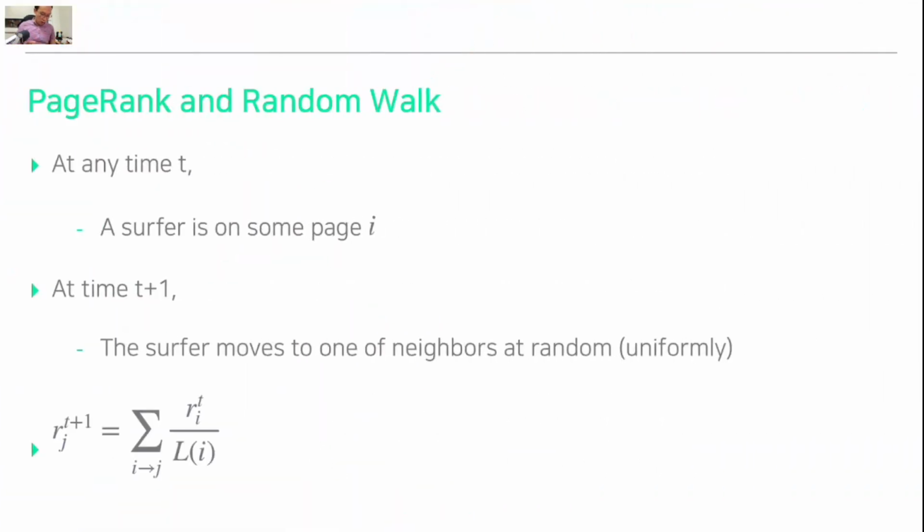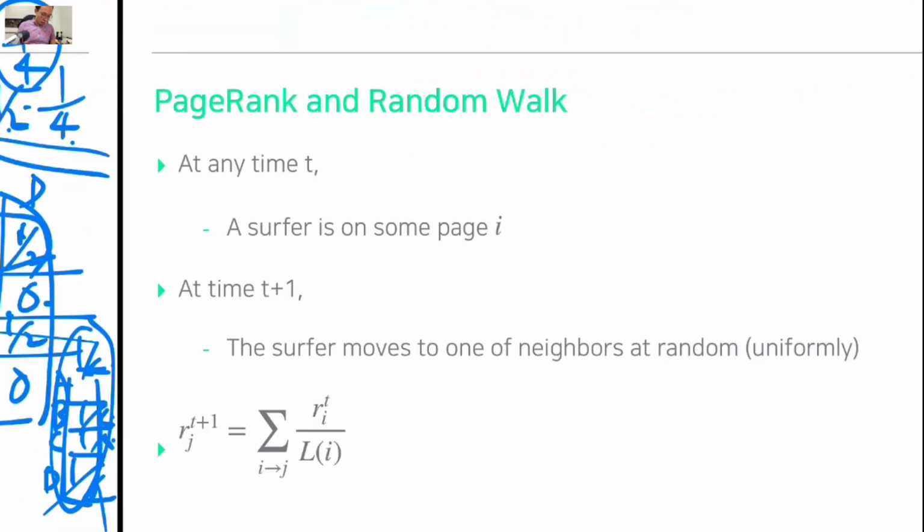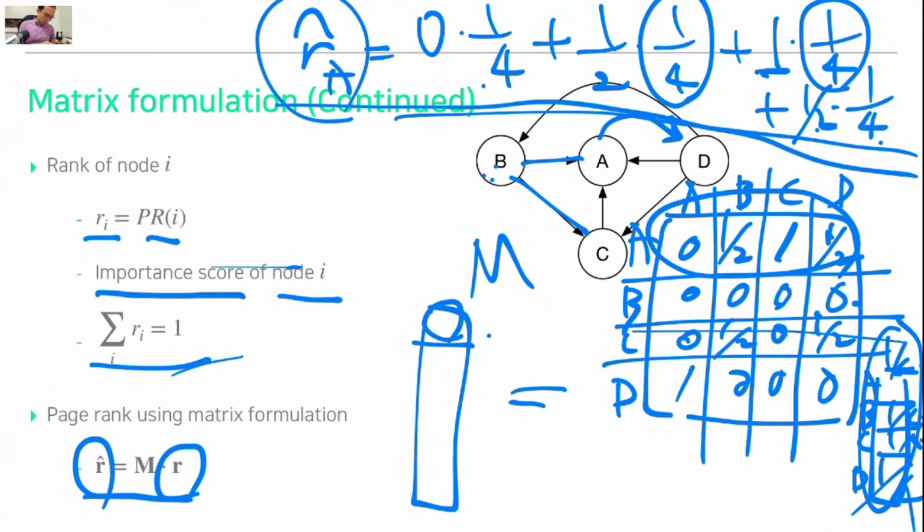In the previous computation, we started with the initial PageRank value, and then we propagated the PageRank score by considering the outgoing links, right? And then we have the updated PageRank score.